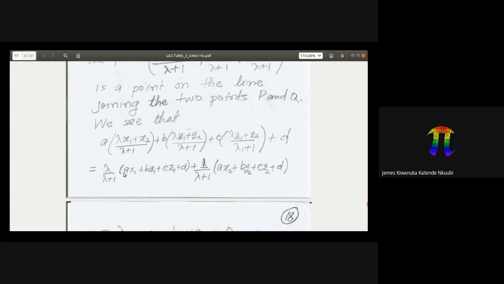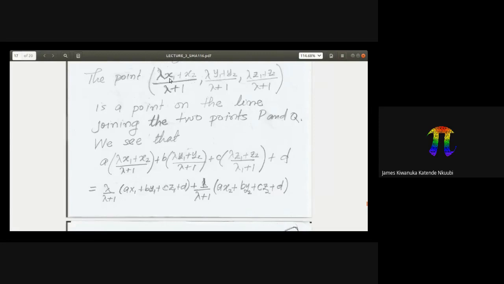So it means this quantity here will be 0, and also this quantity here will be 0. So I have shown that this point, with this as its coordinates, when I put it back into the equation for the plane, I obtain 0.